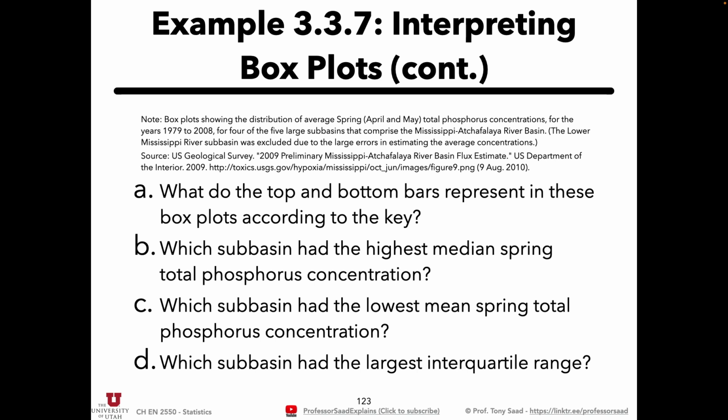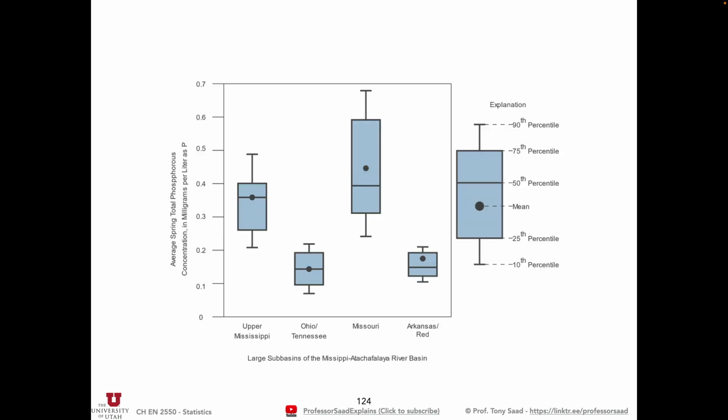So let's look at the box plots first. Look at the upper Mississippi River. Here we flipped that box plot. Now, if there's a key or a legend for the box plot, then read that. In this case, the lowest whisker is the 10th percentile. That's allowed.